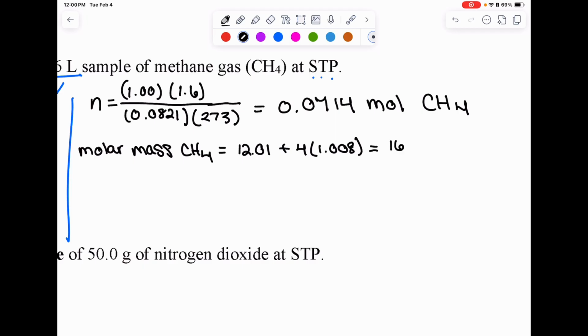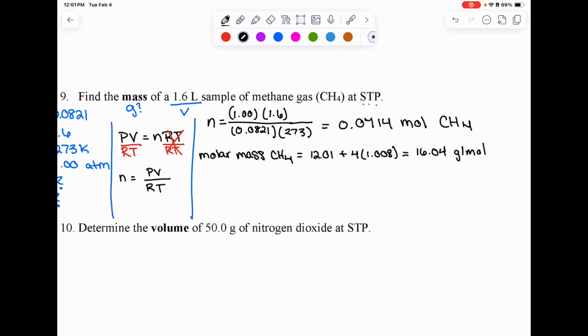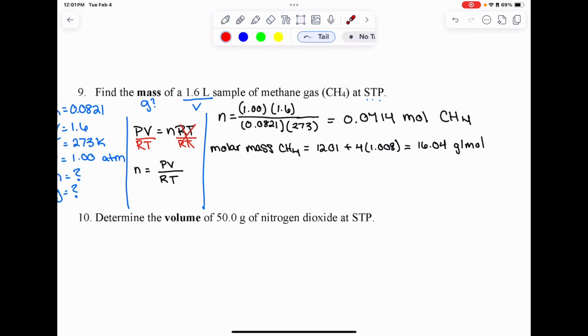Plugging that in, we get 16.04 grams for every 1 mole. All right, so now we know the molar mass. We just have to figure out for every 0.07 moles, what is the mass?